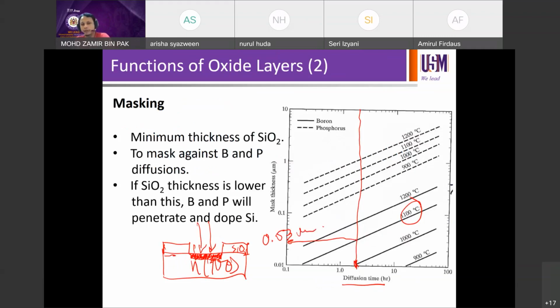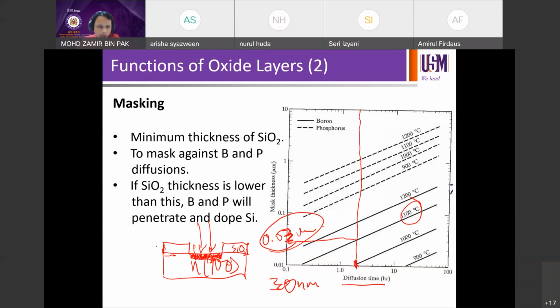Okay, 0.03 micron. So 0.03 micron means, apa nano? You convert that into nanometer. So how much is that, Amiro? 30 nanometer, right?